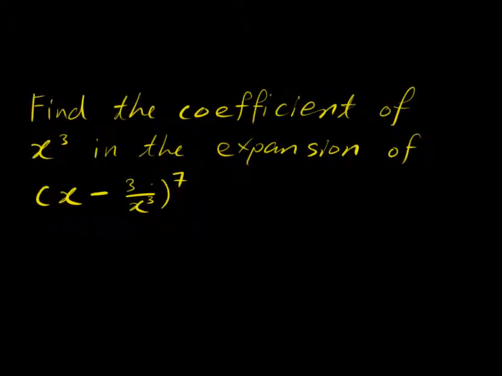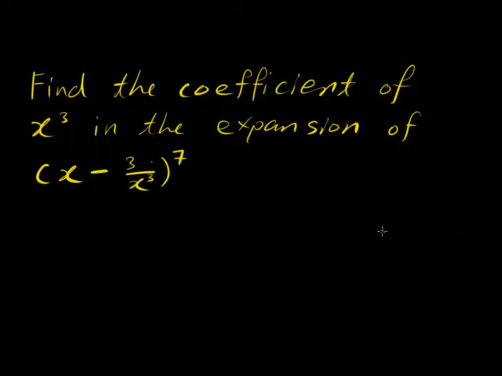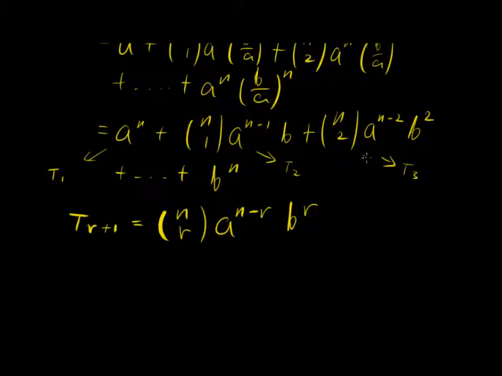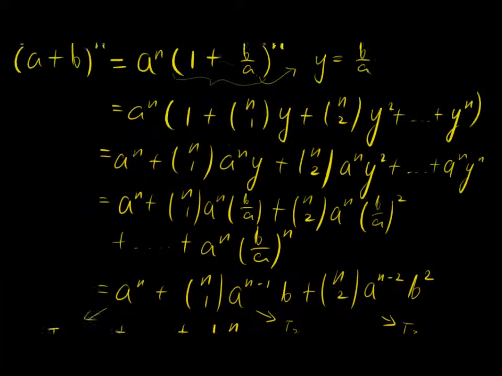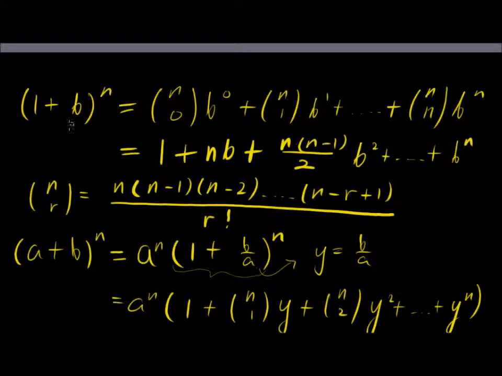The question wants us to find the coefficient of x to the power of 3 in the expansion of (x minus 3 over x cubed) to the power of 7. It's going to be a lot easier if we directly plug in the result that we just derived here, instead of trying to factor it out until you have this form and only then do the expansion.